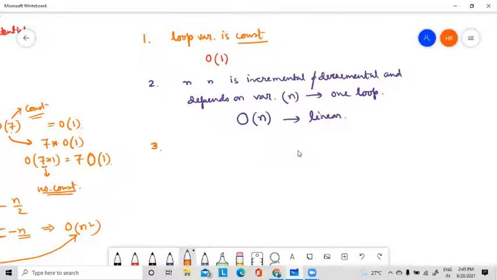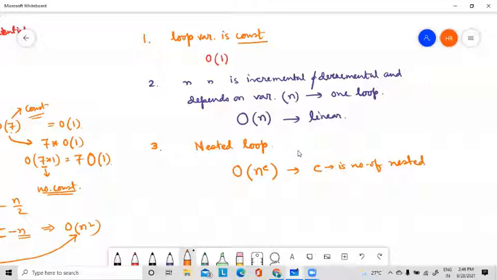Now suppose there is a nested loop, one loop inside another loop. Then normally the time complexity becomes order of n to the power c, where c is the number of nested loops.